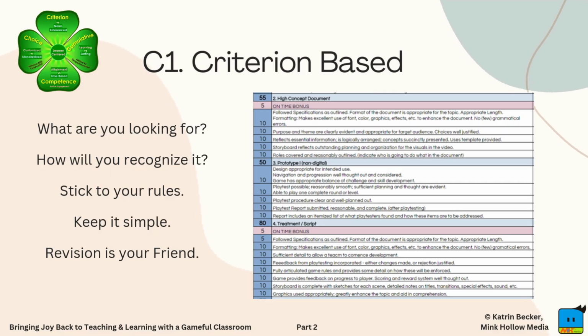But don't do that to the current batch of students. You can explain what you're doing and why you're doing it, and you can make minor changes, but don't make any major changes. If they've already started the work, don't start changing the rules on them in the middle of things. So that's what we're doing with criterion-based instruction.